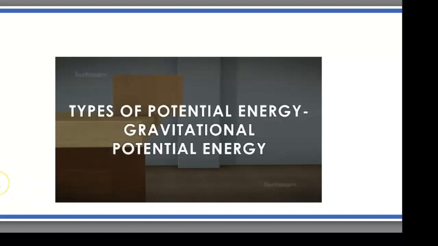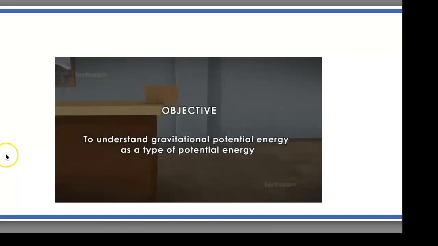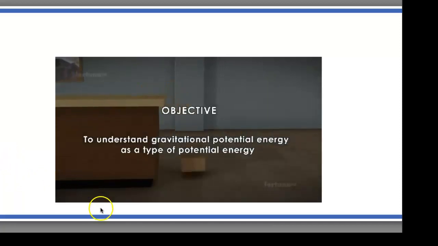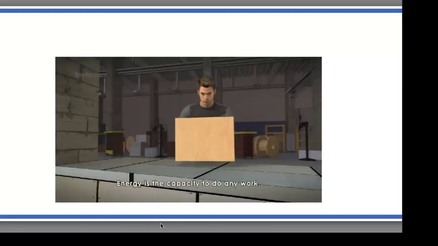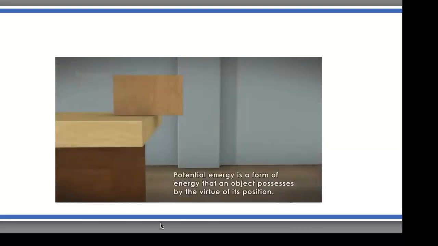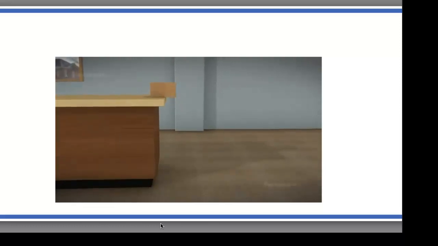Types of potential energy: gravitational potential energy. Objective: to understand gravitational potential energy as a type of potential energy. Energy is the capacity to do any work. Potential energy is a form of energy that an object possesses by virtue of its position. Another way to think of it is as stored energy that is ready or has the potential to do work.